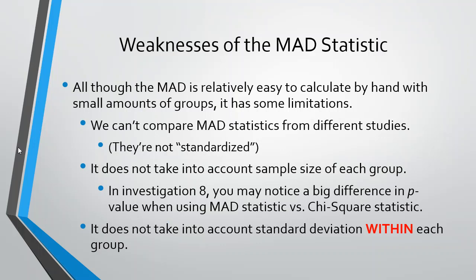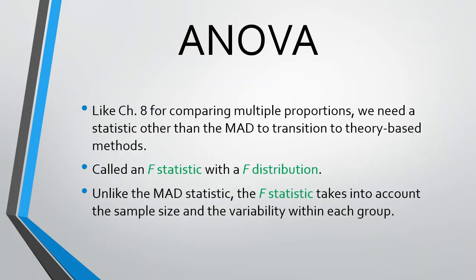But what happened was this did not really take into account the sample size of each group. We just looked at the averages, right? And so that's actually a pretty big problem, because it should be the case that the bigger the sample size, the stronger the evidence, right? If there was a difference. And that just isn't the case with the MAD. So we need something better.